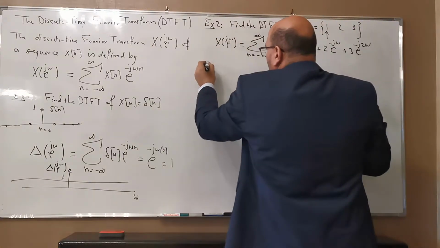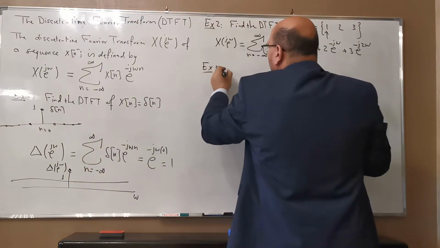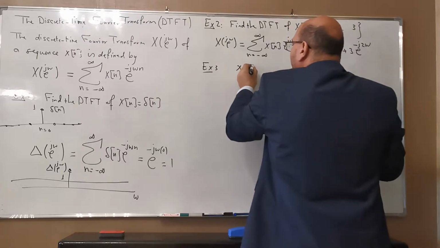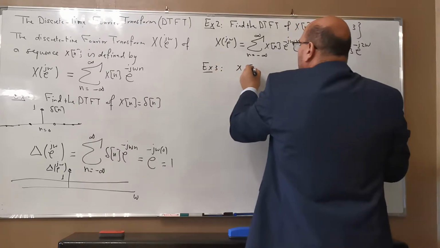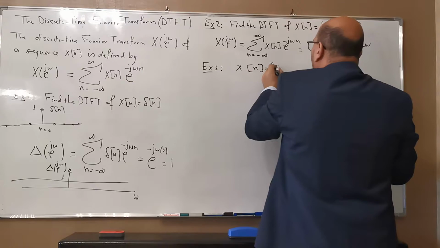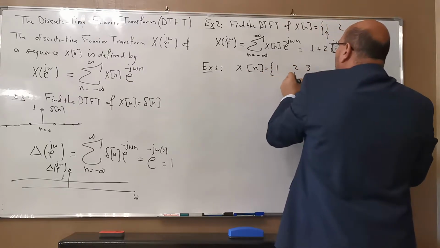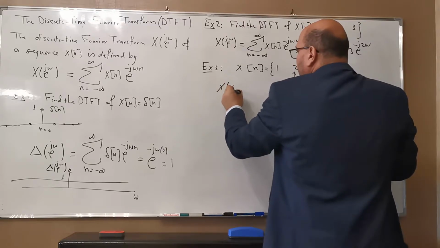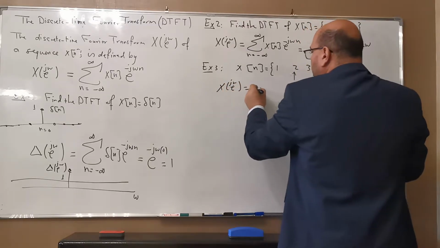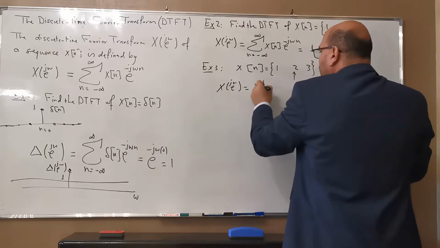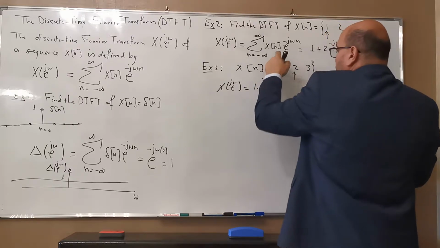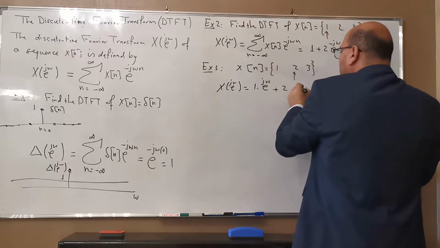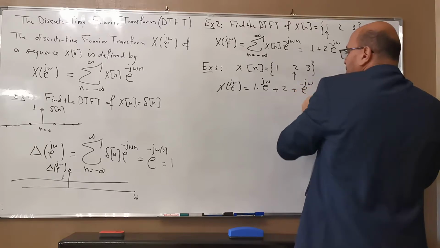Just to take this one, example 3, if my x of n equals the same, 1, 2, and 3, but here the 0 is shifted, then your x of e j omega equals 1 times e to the j omega plus 2 plus 3 e to the minus j omega.